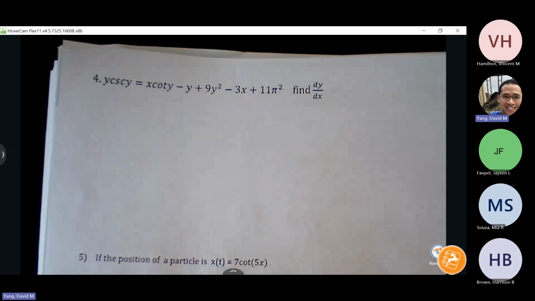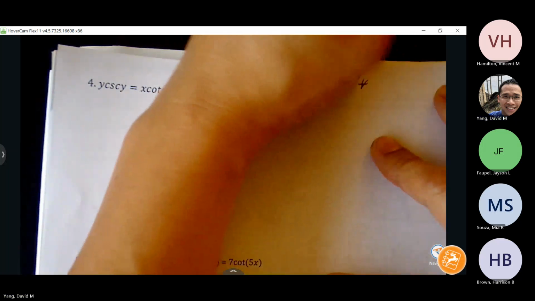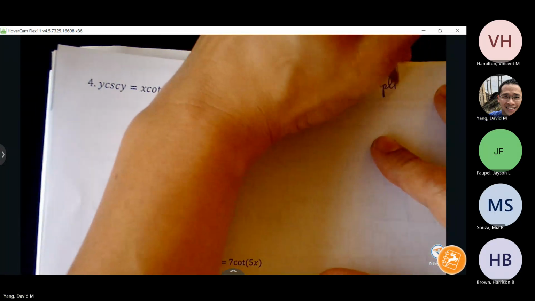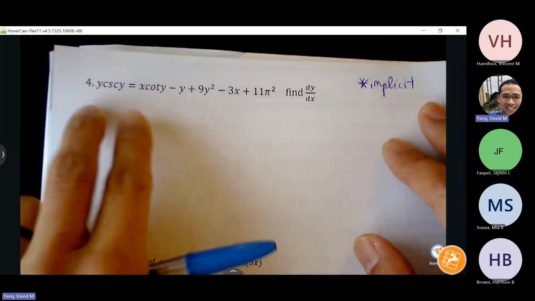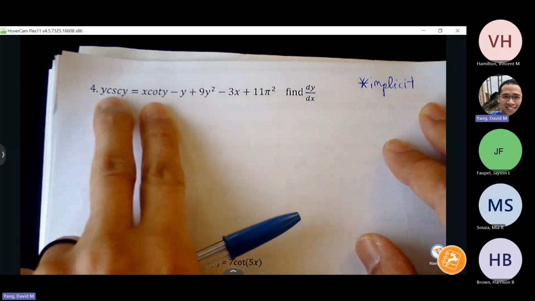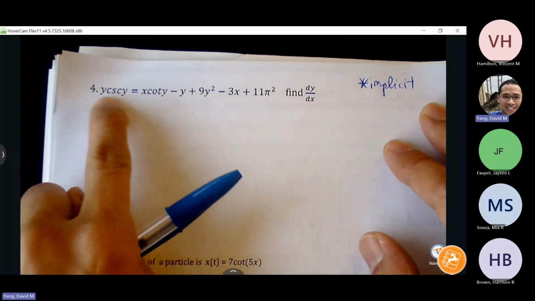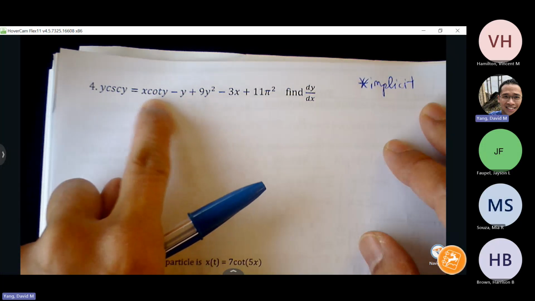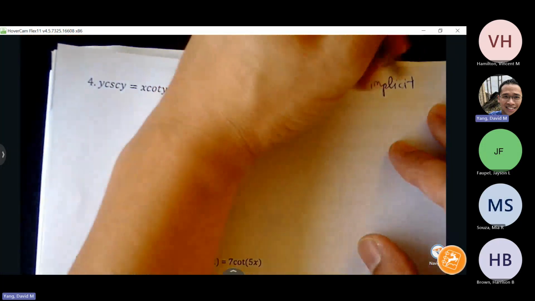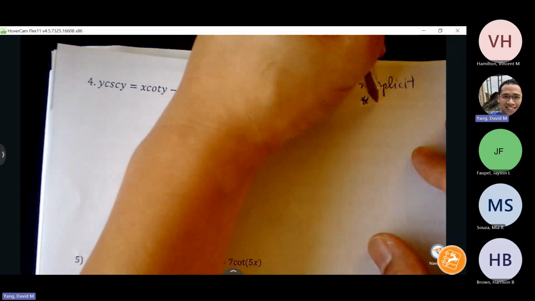We've got to keep track of all of our dy dx's. And also product rule. You see product rule, that's going to show up twice here. Y cosecant y, these are two separate terms being multiplied together. X cotangent y, that's also two separate terms being multiplied together. Product rule will be applied twice.